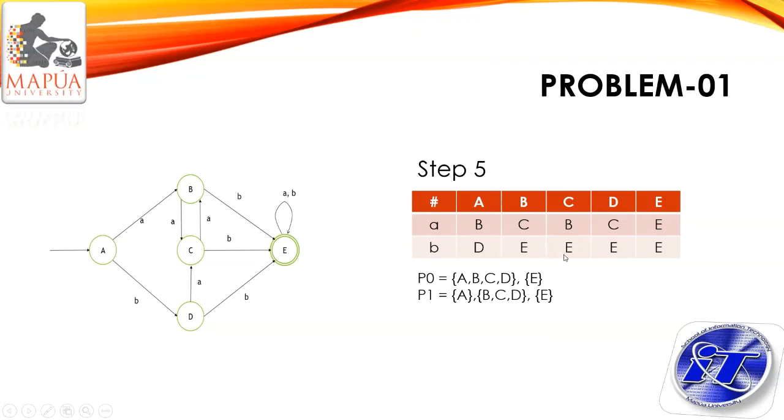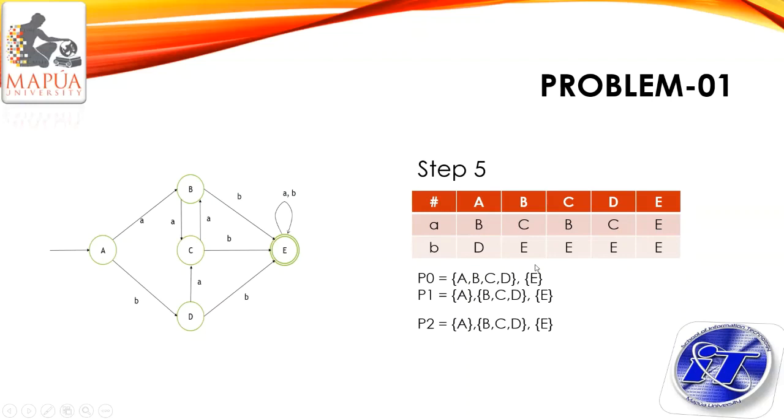C encounters B, will go to E group. Same as B. How about D? D encounters A, goes to C. Same group. D encounters B, group E. Same as with B and C. So therefore, B, C, D is still the same in equivalence 2.